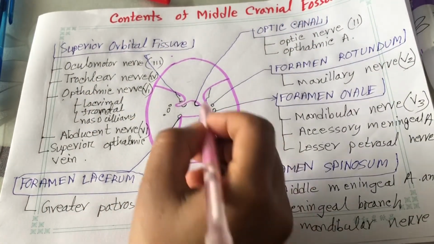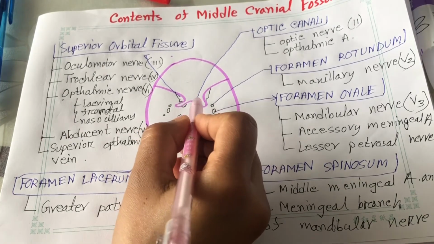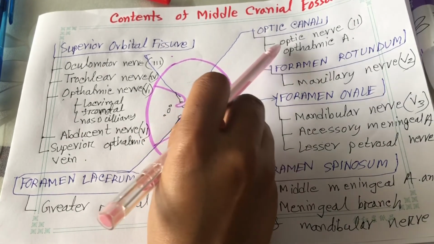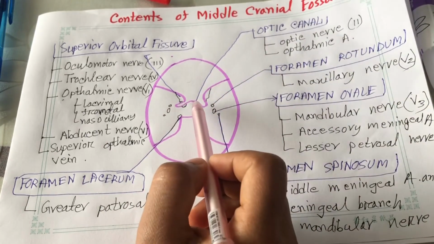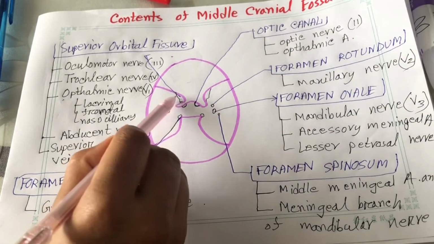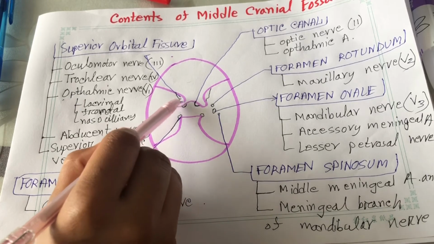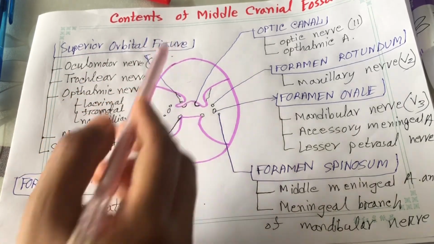So now a little review. This is optic canal. Optic nerve and ophthalmic artery pass through the optic canal. Then this is superior orbital fissure.